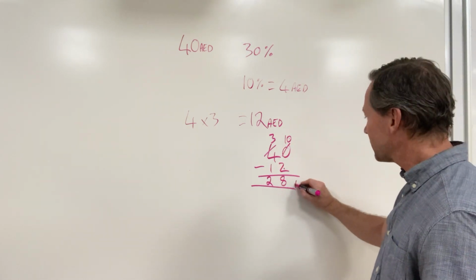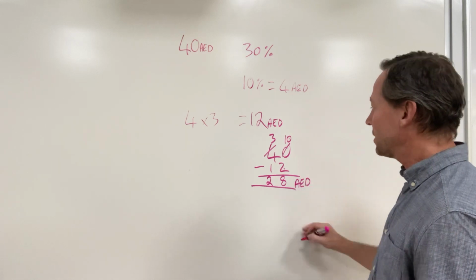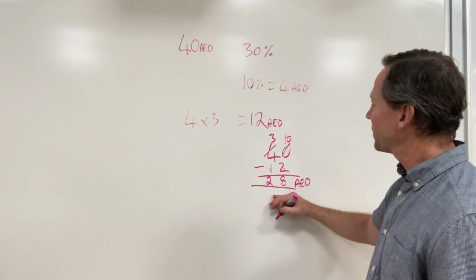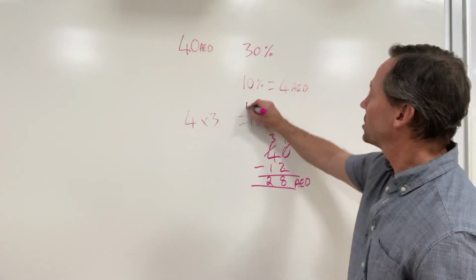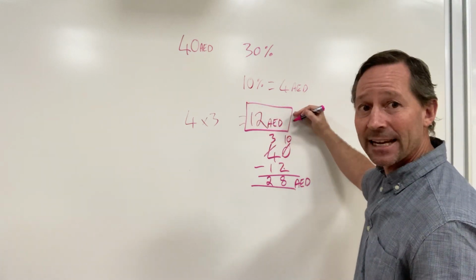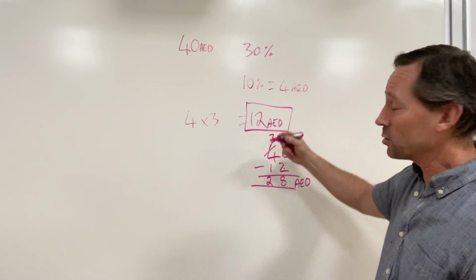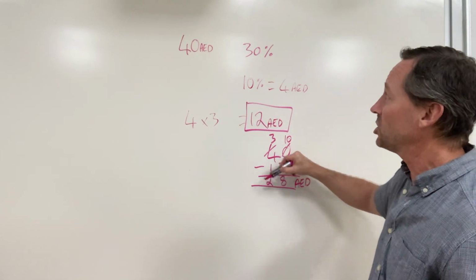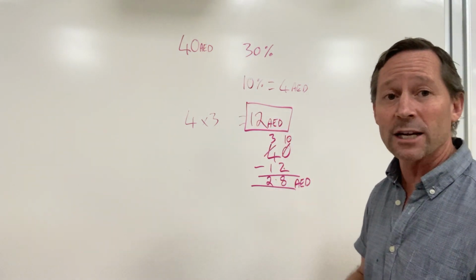My new price for my pizza is 28 dirham. My savings is 12 dirham, so that's how much I've saved. If I wanted to double check, I could do 12 plus 28, which should give me my original price.